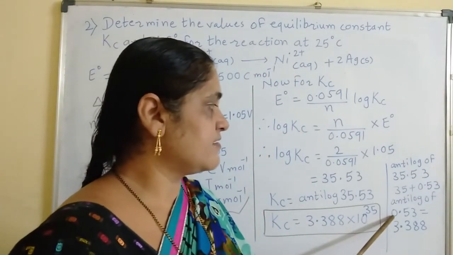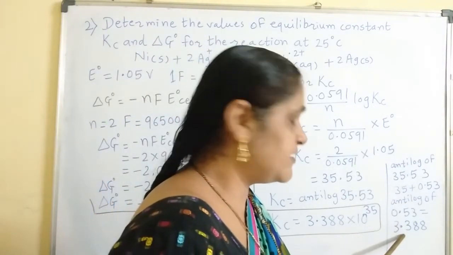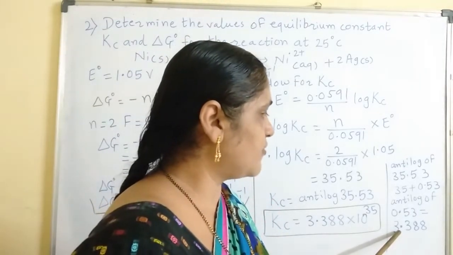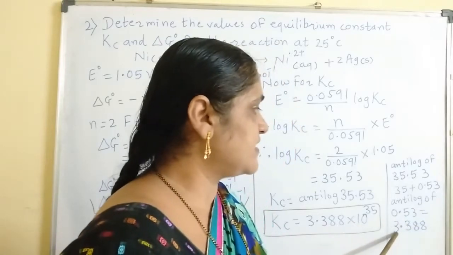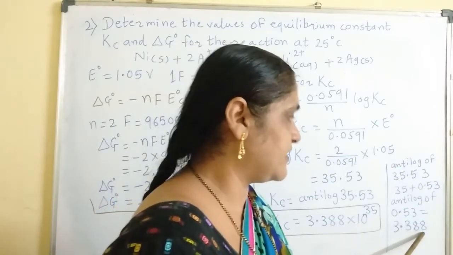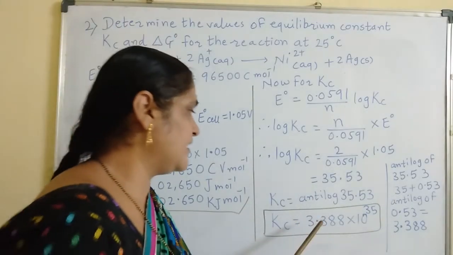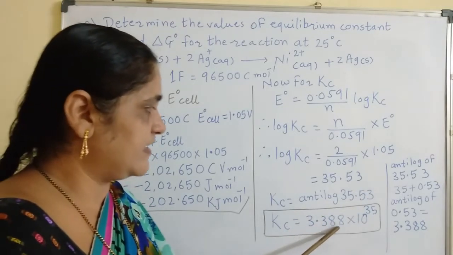So here 0 is the characteristic. Therefore, we have to place the decimal point after one digit. Therefore, after 3 I have placed here the decimal point. So I got the antilog of 0.53, that is 3.388.